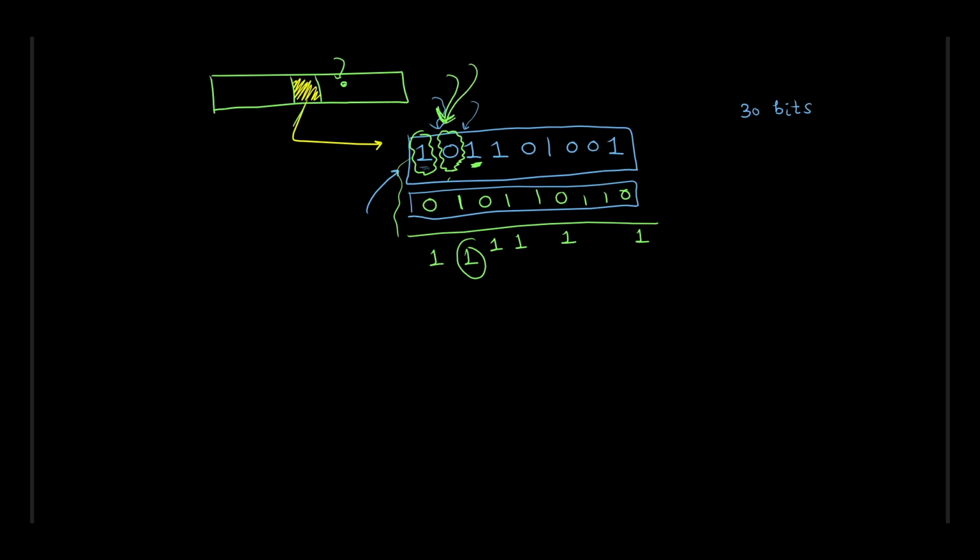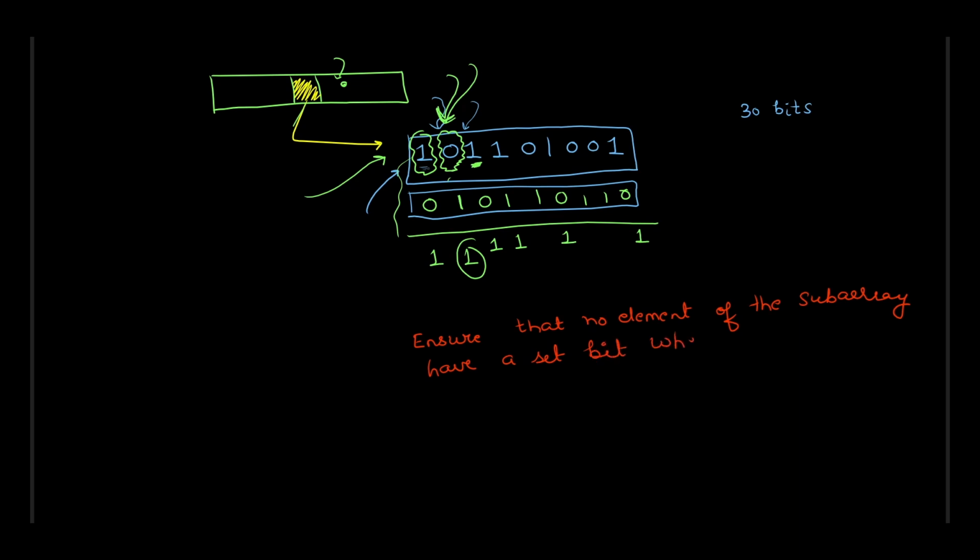So if you really want the entire subarray's bitwise OR to be equal to exactly this element, then you have to ensure that no element of the subarray have a set bit where num's bit is unset.